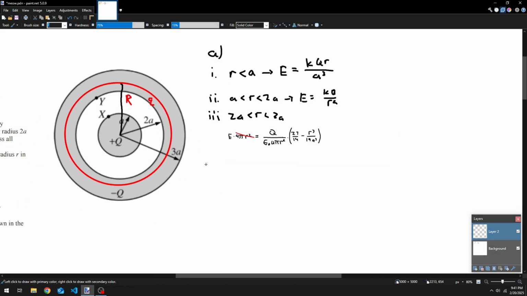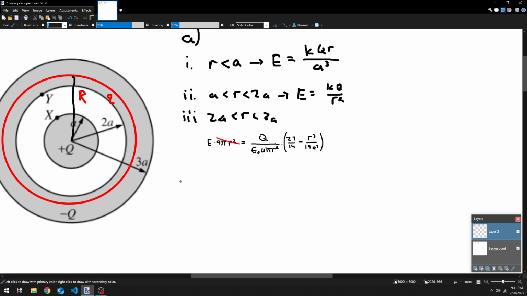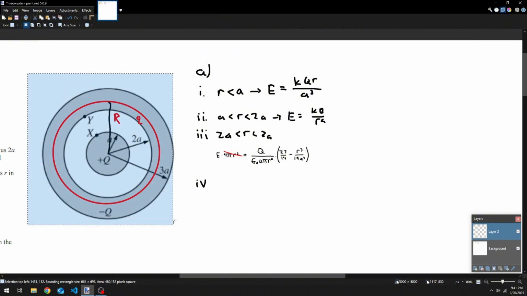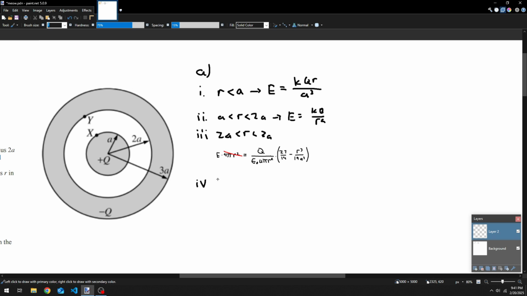Then the fourth part of our question is going to ask about when r is greater than 3a.